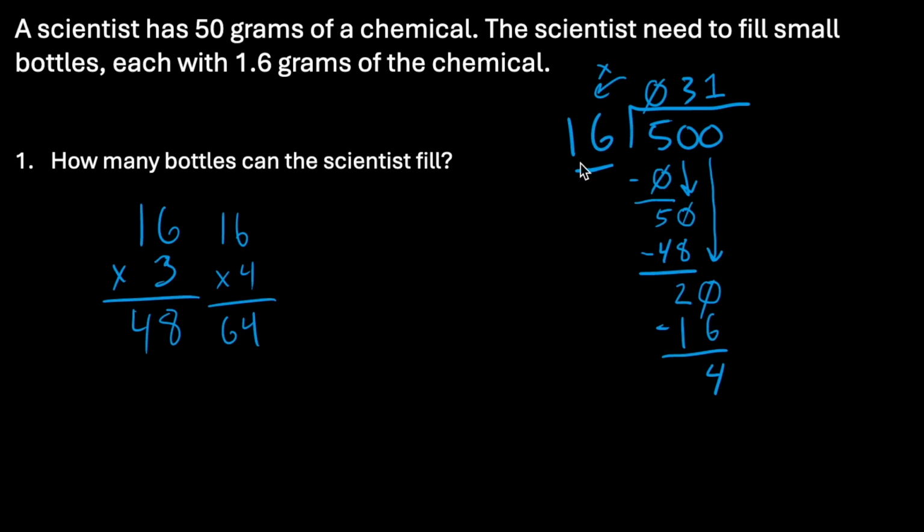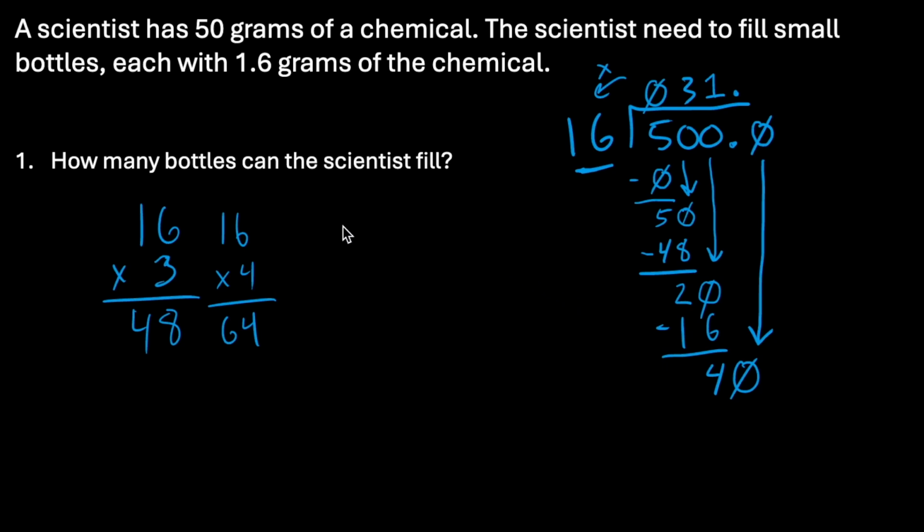And now, can 16 fit into 4? No. So now we have to add a decimal here and the decimal here and write a 0. And now we can use that 0, bring it down, and now we have 40. So how many times can 16 fit into 40?